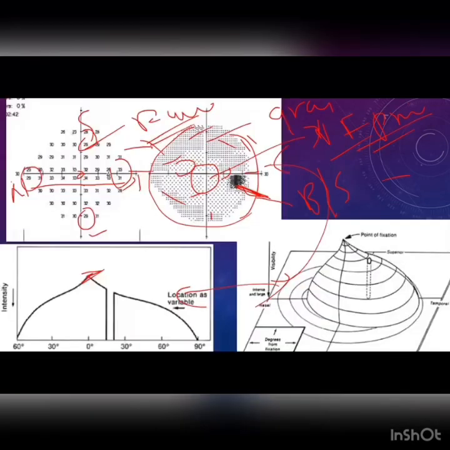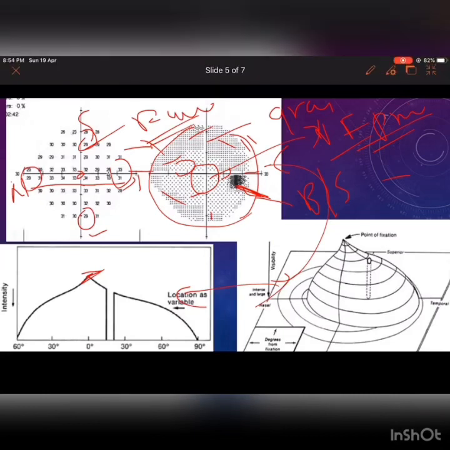If you understand this much, we'll take the next classes in detail: how to analyze a single-hand printout from the Humphrey visual field analyzer. If you can correlate between these two figures, it is very easy to understand what is mean deviation, what is pattern standard deviation, what is total deviation, what is pattern deviation.